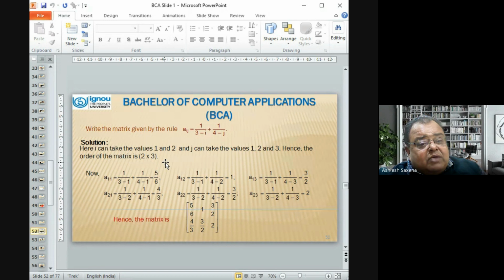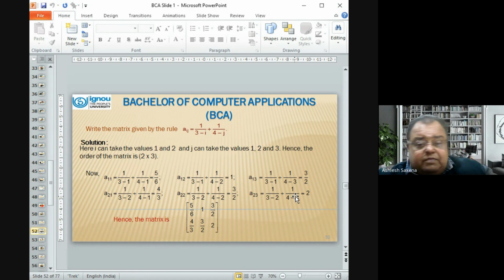That means you have to calculate A11, A12, A13, A21, A22, and A23. That's it. Replacing i by 1 and j by 2, you will get 1. Similarly, you will do this for the rest of the elements.